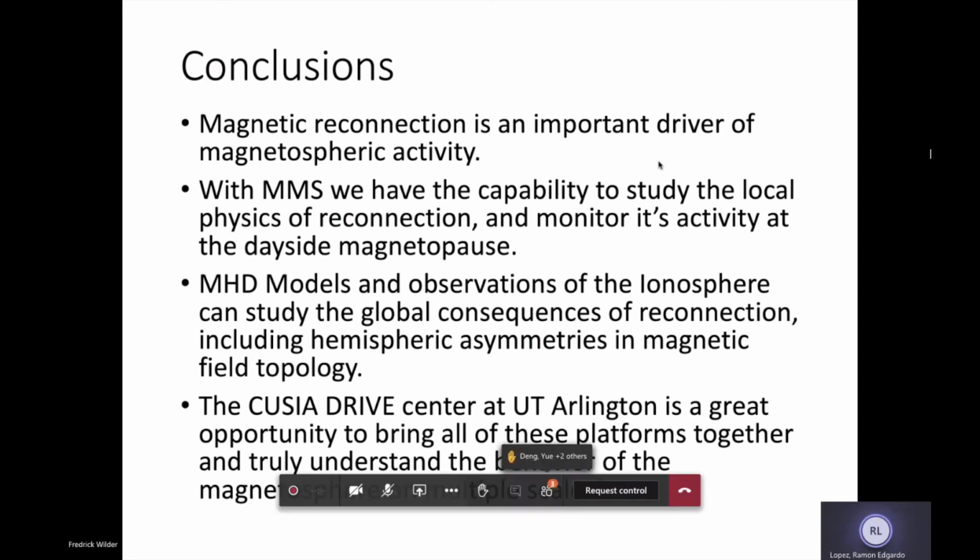You showed very convincingly the difference in the ionospheric effects of the asymmetric impact of reconnection when you've got a significant dipole tilt, and that will produce asymmetric currents, and presumably then asymmetric ionospheric heating. How would that be of potential interest for space weather?